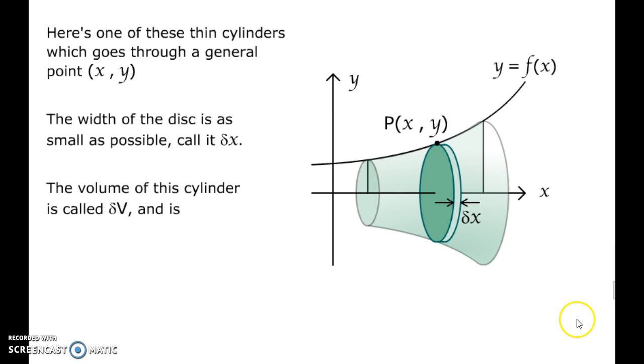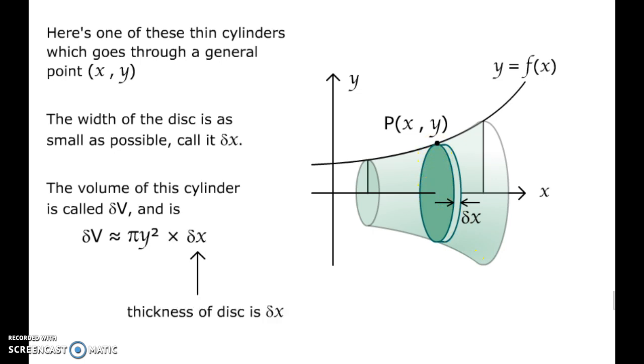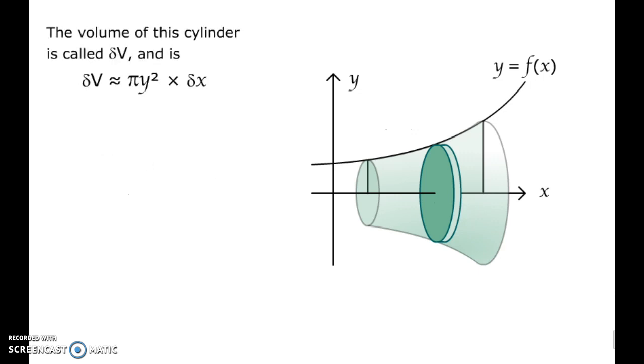Delta V will be the volume, meaning a small part of the whole volume, which can be calculated using this disk. So delta V would be pi times y squared, because y is the radius from this point to this point, times delta x, the thickness. So the volume becomes pi times y squared times delta x.